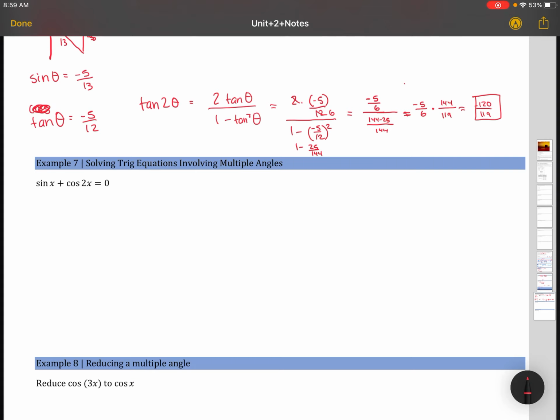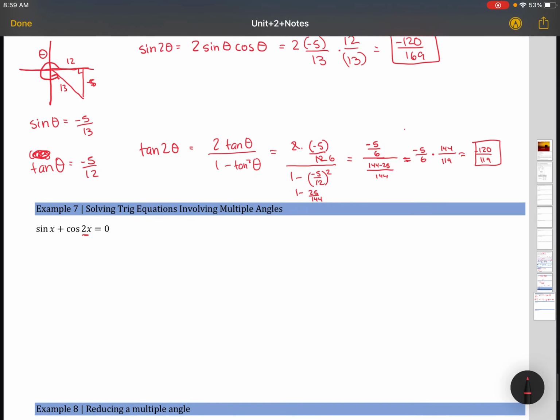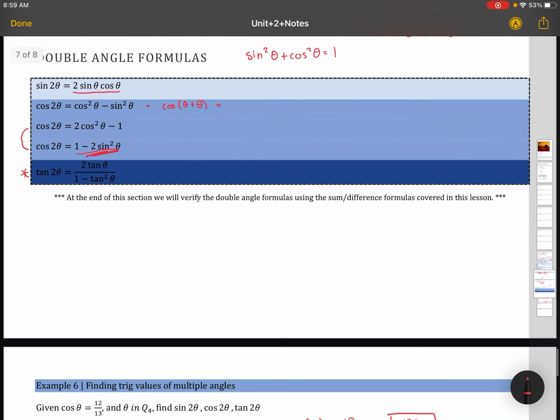For number 7, we have sine x plus cosine 2x equals 0. So the problem here is the cosine 2x. So we're going to turn that into something useful. Now, the key to what we should use is this sine x. Because we have a sine x here, we want to use the identity that has a sine in it.